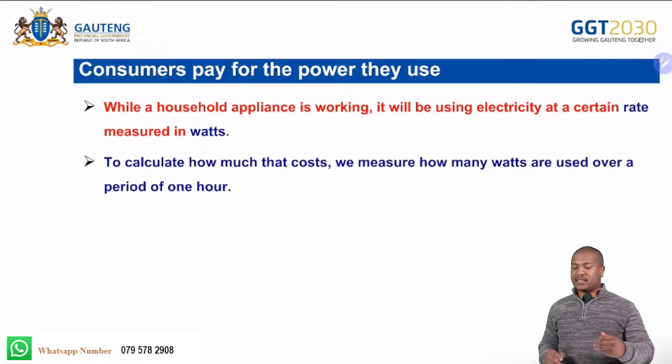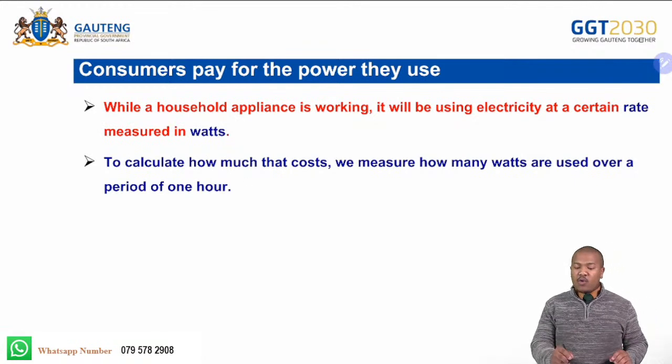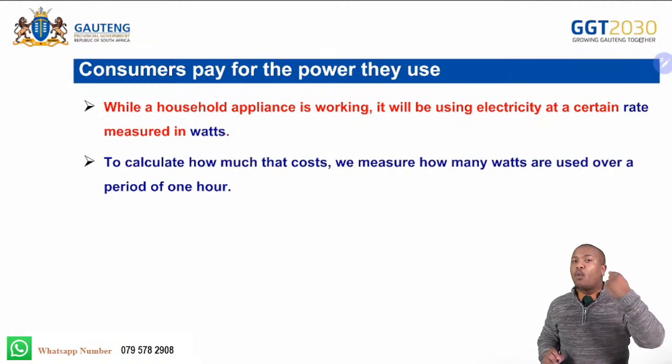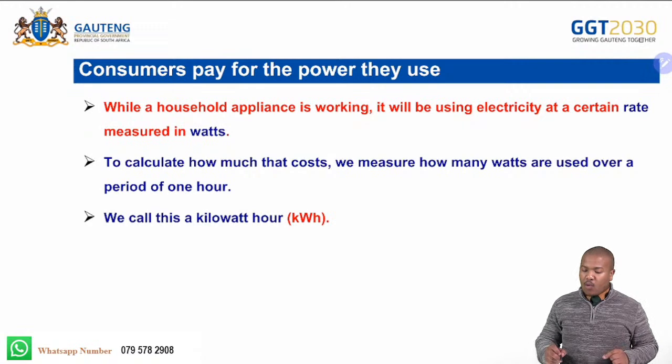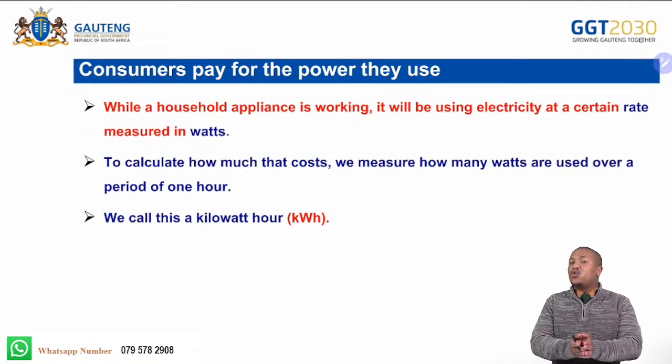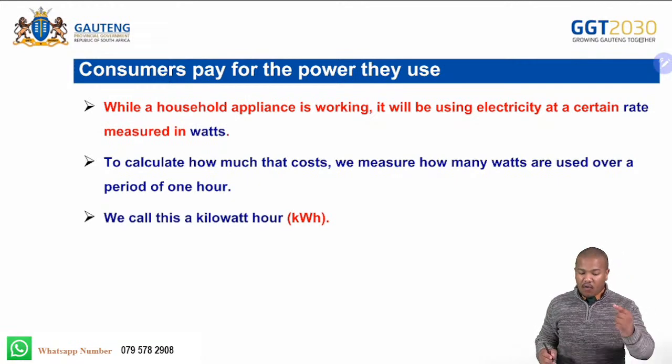All appliances are using electricity at a certain rate, which is measured in watts. So now to calculate how much that costs, we measure how many watts are used over a period of 1 hour. Over a period of 1 hour, we measure how many watts are being used by each and every appliance in the house.